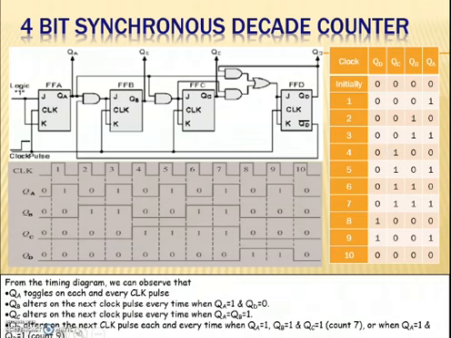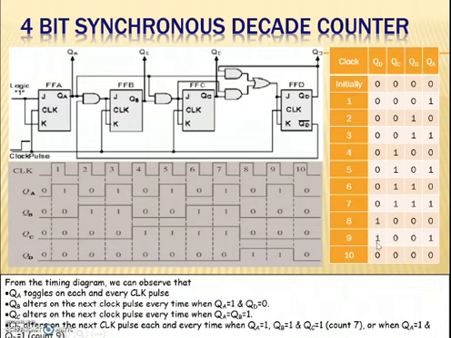Next, QD alters on the next clock pulse each and every time when QA, QB and QC are all equal to 1. This is nothing but count 7. So after count 7, it has to proceed to count 8, that is 1, 0, 0, 0. This happens either through this gate, or when QA is equal to 1 and QD is equal to 1, through this other AND gate.